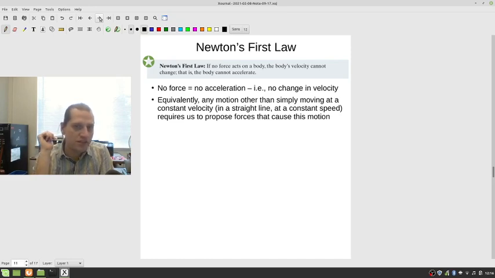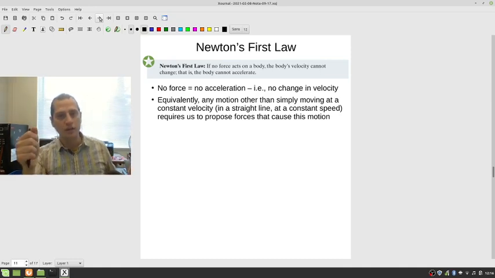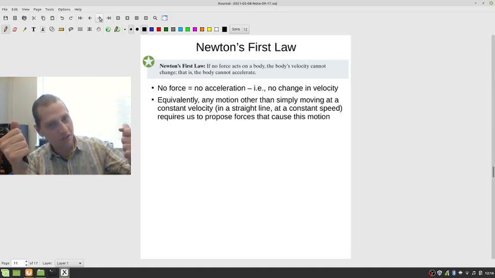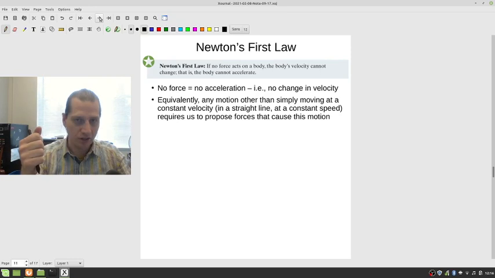Newton's first law says that if no force acts on a body, the body's velocity cannot change. That is, the ball cannot accelerate. Now that's probably not the way you heard it put in 8th grade, but it is hopefully not the first time that you're hearing Newton's first law. So, just to hit it again, no force means no acceleration.